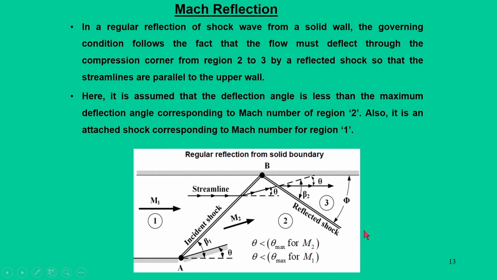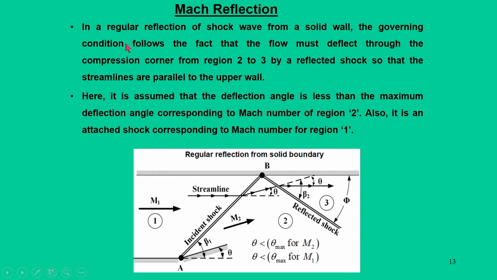Then the Mach reflection situation will arise when we impose a condition on theta. If you keep on increasing theta to a particular angle where the oblique shock solution is not possible, then this flow situation can turn into another situation, what we call Mach reflection.